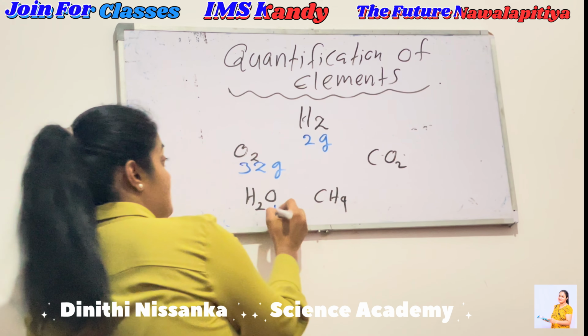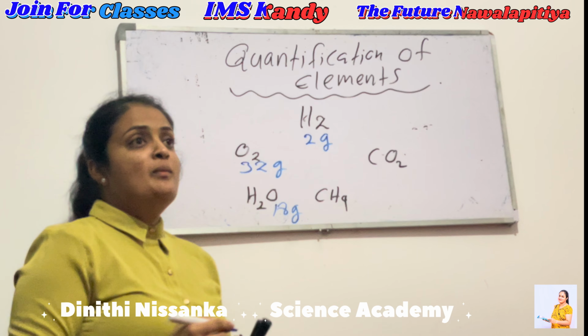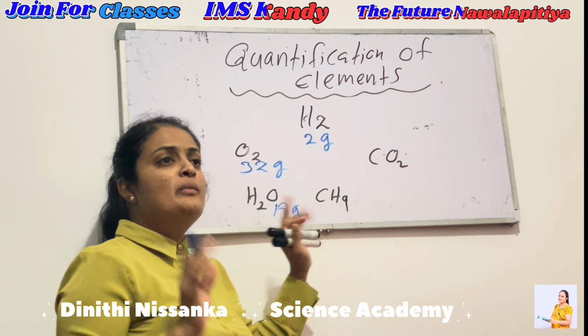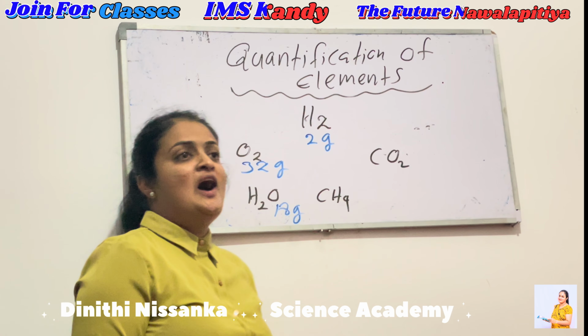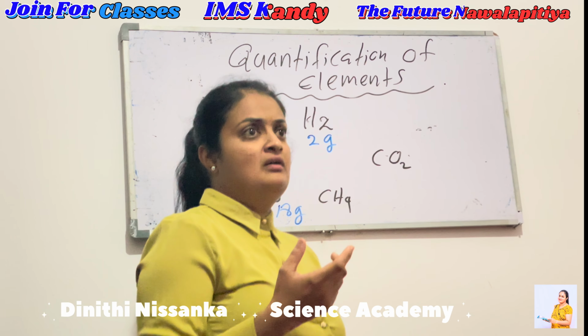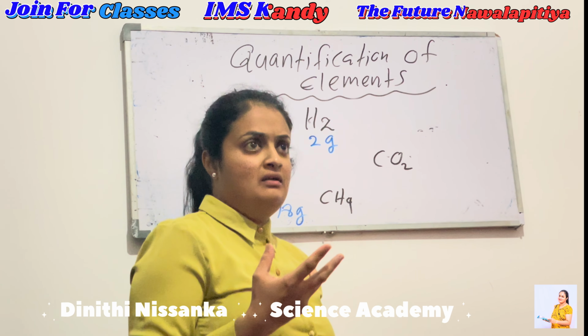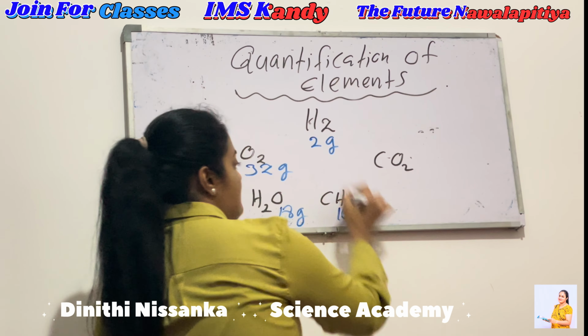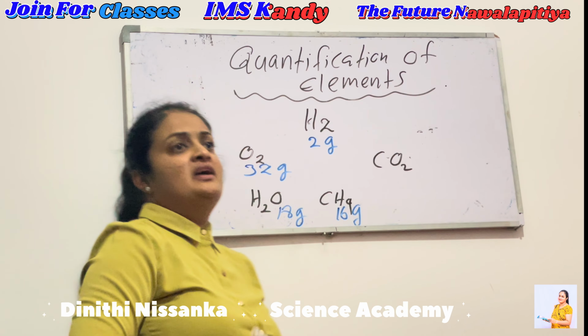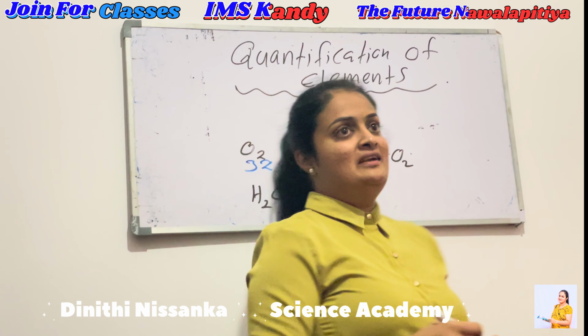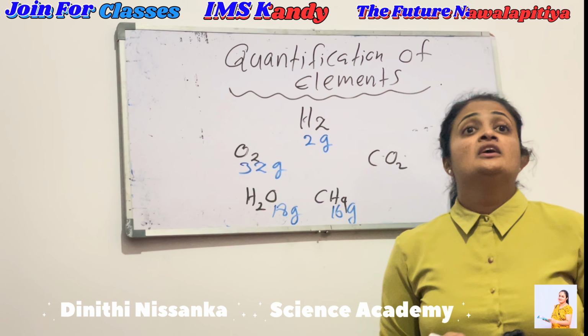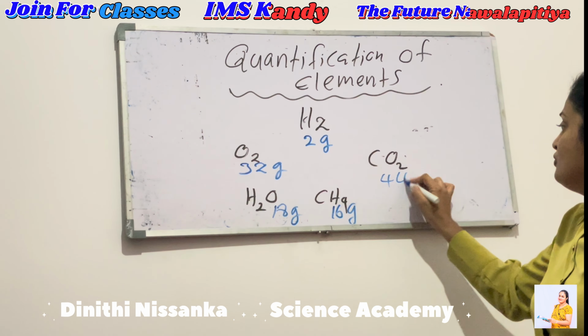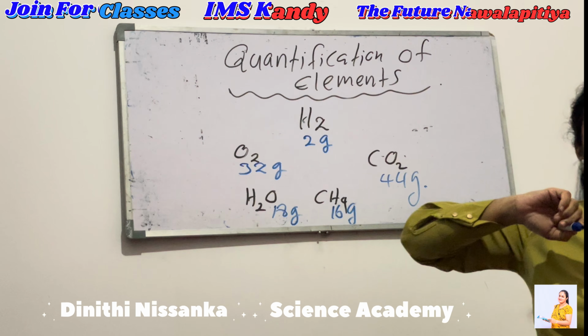Right, I take 18 grams of water. How about methane? How many grams should I take? 16. Alright, then here I take 16 grams of methane. How about carbon dioxide? 44. Right, 44 grams I take from carbon dioxide.